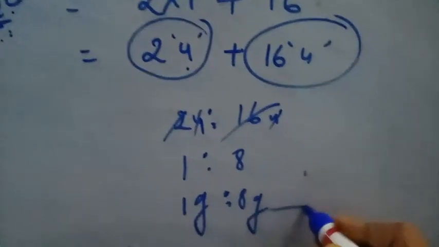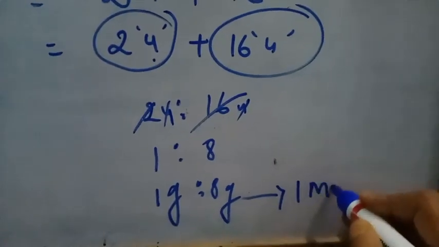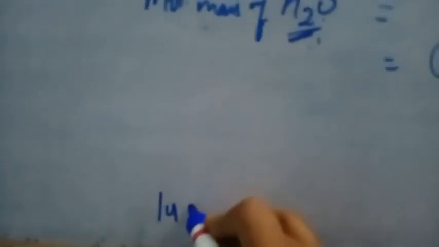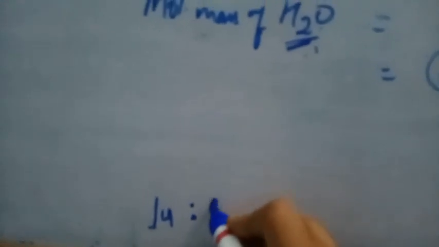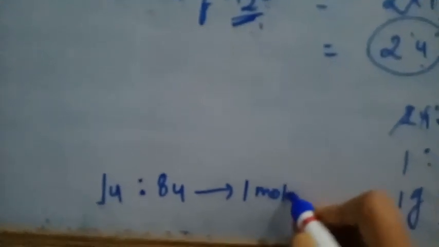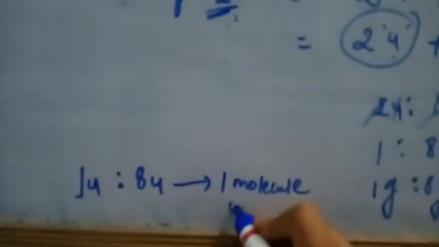Then only you can get 1 mole of water. And if you wish to get 1 molecule of water, then you want 1u of hydrogen with 8u of oxygen to form 1 molecule of water.